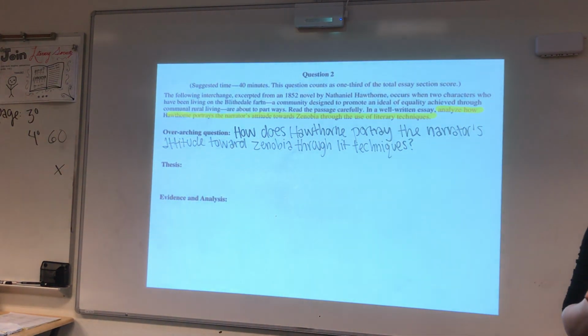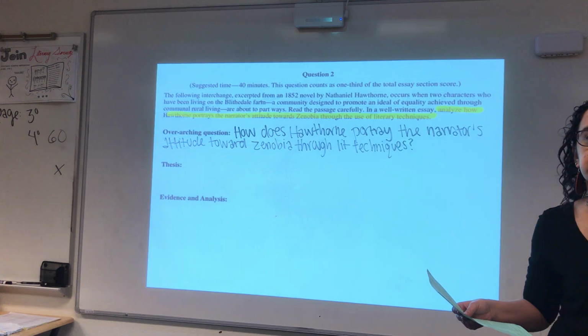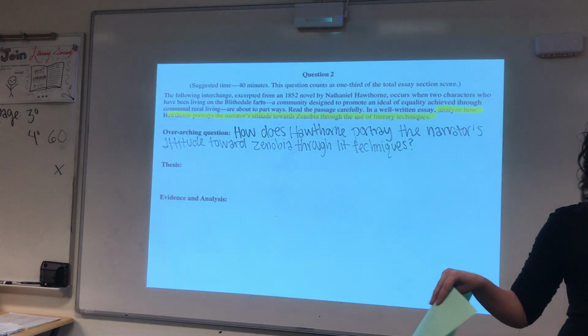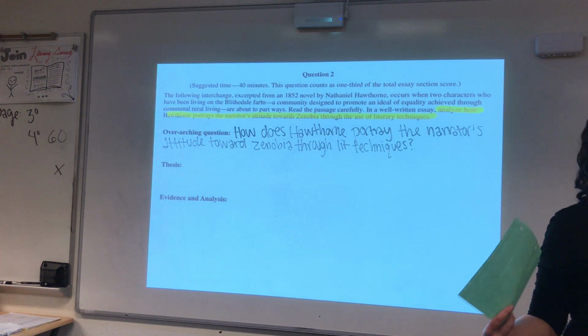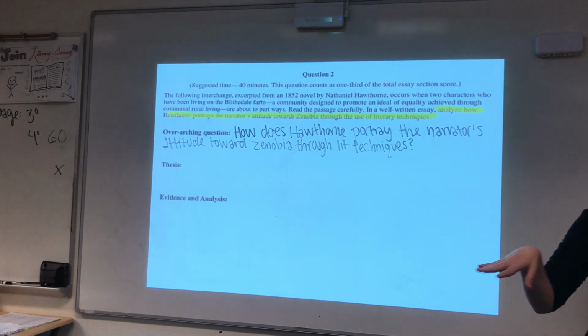Okay. Does anybody see the possibility of a positive attitude? And as long as you can find the evidence, go for it, right? Okay, so do we have a consensus that it's negative?